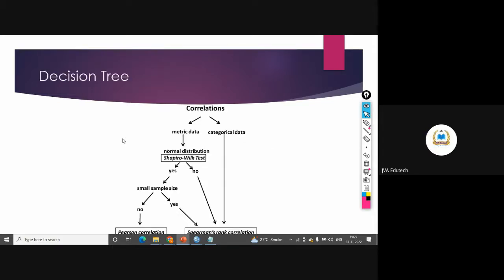how to decide which correlation to test for? It's very simple: we want to test association between variables, right? Now, if both the variables, X and Y, are metric, then for metric data you have to check first whether they are normally distributed or not, because non-metric data won't be normally distributed.